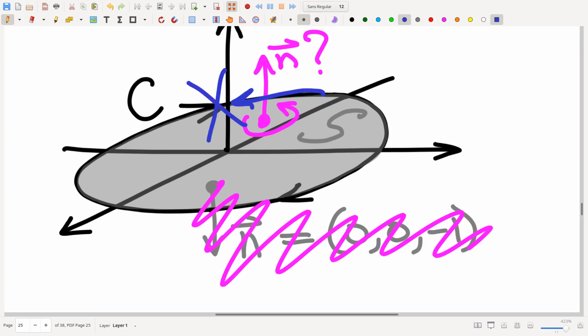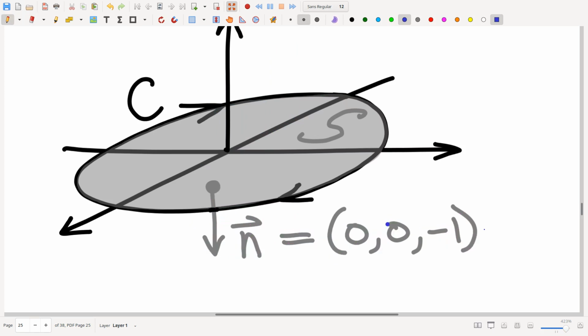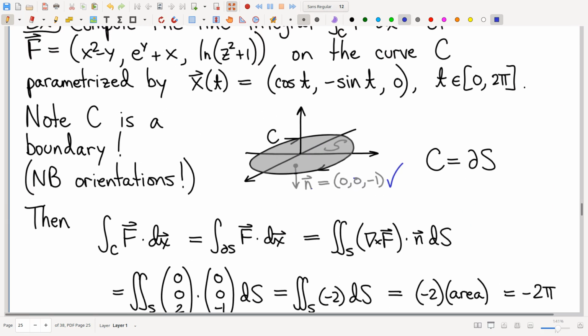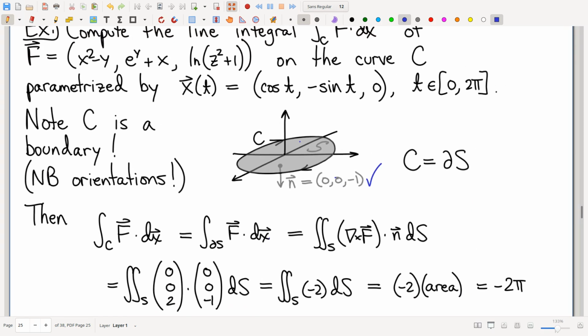So sometimes you have to kind of trial and error. Up, failed. Then you try down, and down works. Okay, so we have a boundary. Our curve is a boundary.